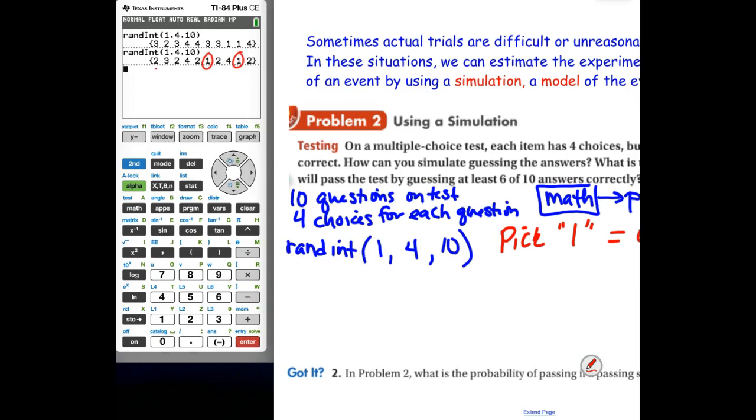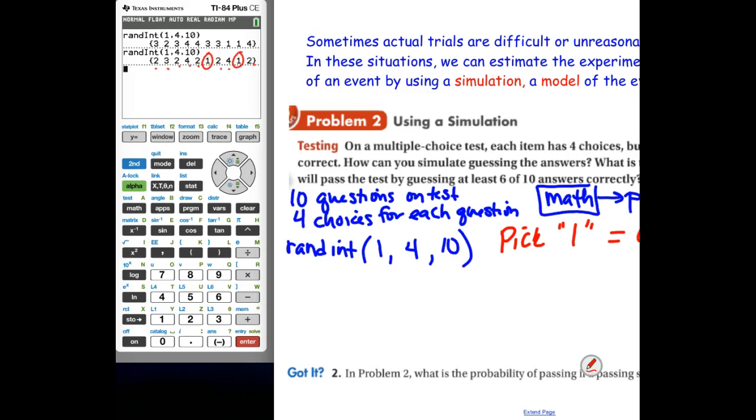So questions 1, 2, 3, 4, and 5 I all got wrong. Question 6 I got correct. 7 and 8 were wrong. 9 was correct and 10 was wrong. Does that make sense? How we interpret that? Okay, so you can't pick it based on the numbers you got, right? You randomly, before you hit enter, say, I'm going to have 1s be my correct response.